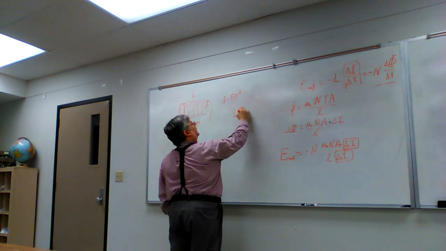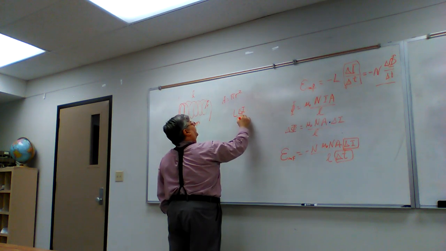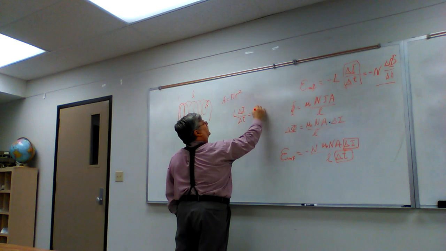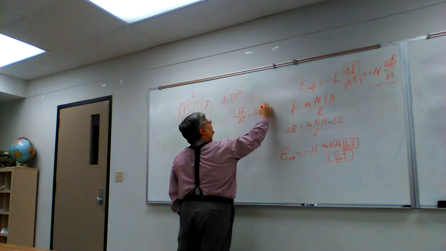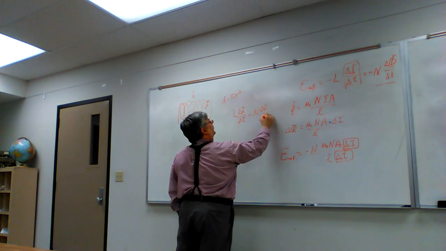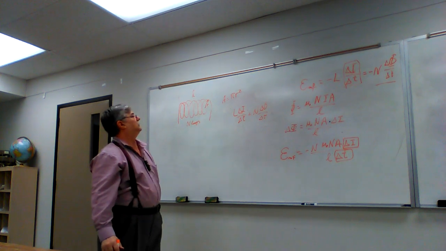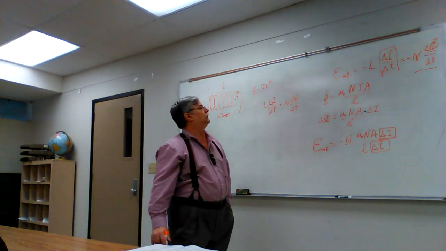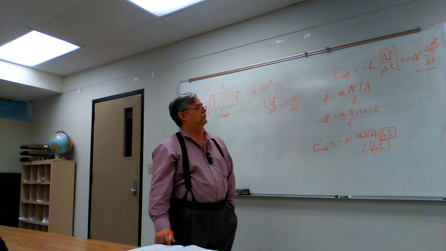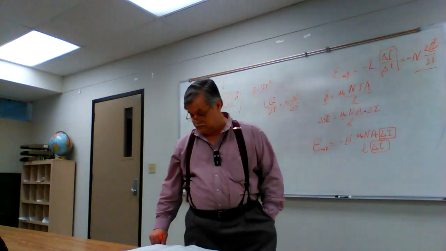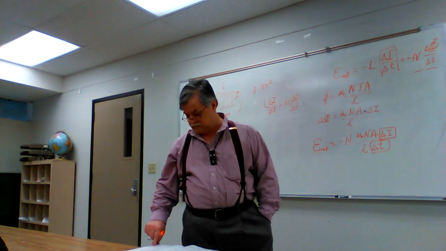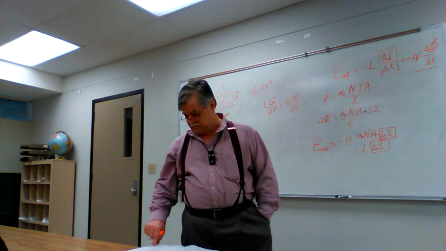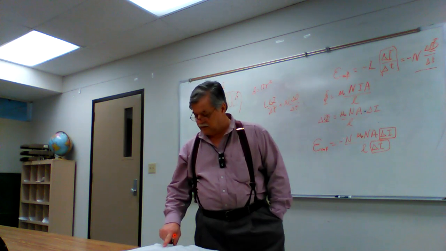L delta I over delta T equals N delta phi over delta T. Give me a minute here.